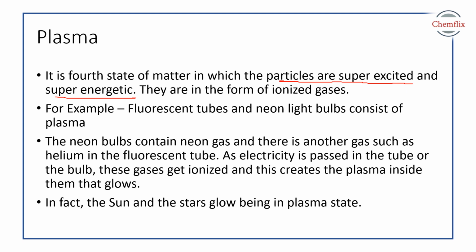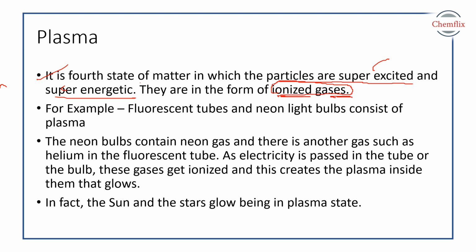They are in the form of ionized gases. Gas itself is highly kinetic in nature, so it possesses the highest kinetic energy, and it is ionized. That means it is super excited or super energetic. So what is plasma? Plasma is the fourth state of matter in which the particles are super excited and super energetic. They are in the form of ionized gases.